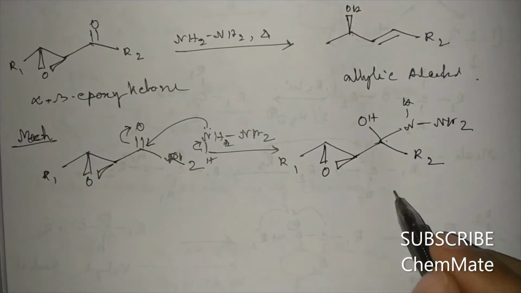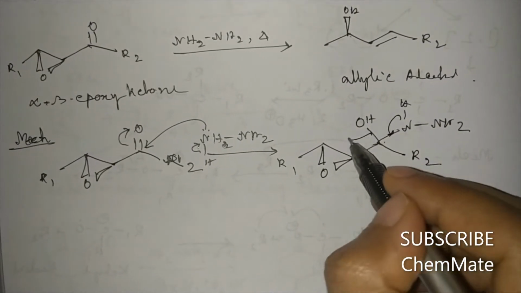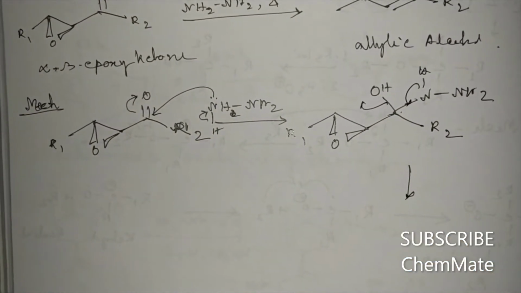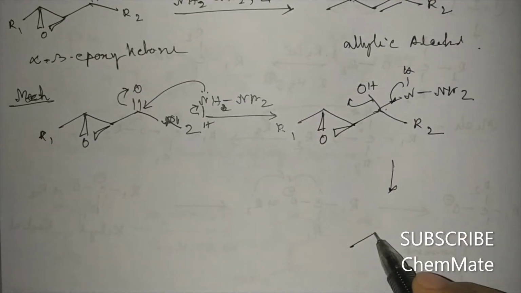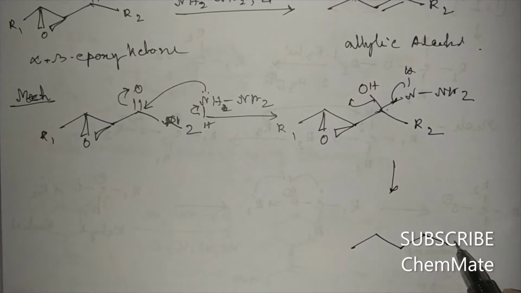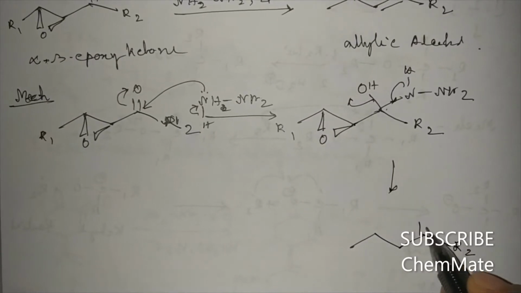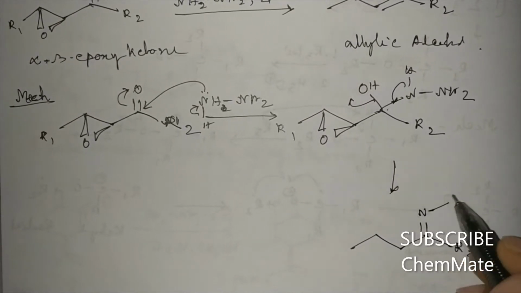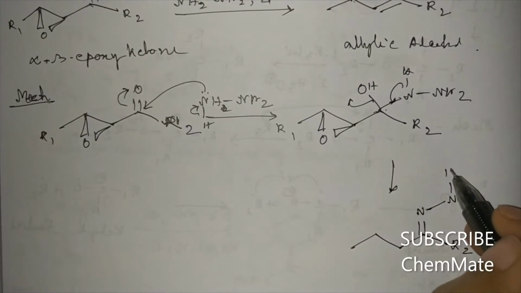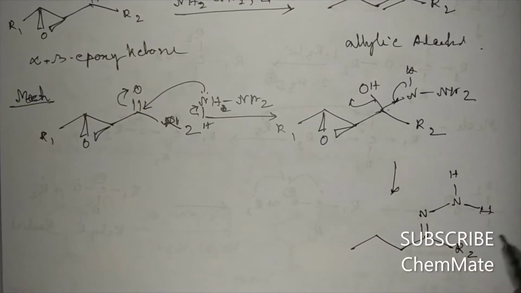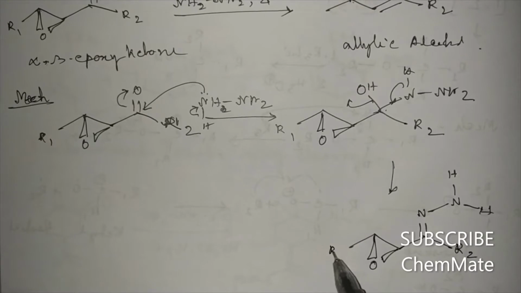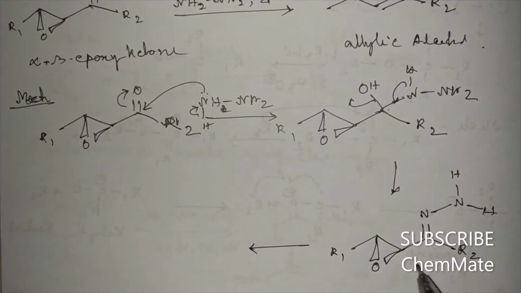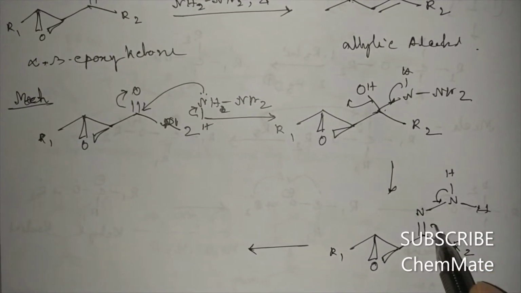Now one water molecule will be eliminated to produce the hydrazone. And this reaction is well known to all of you: a reaction of hydrazine with a ketone actually forms the hydrazone. After that, it will undergo tautomerization.